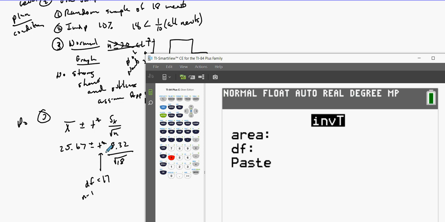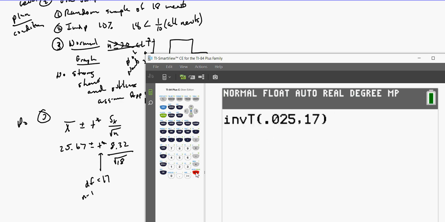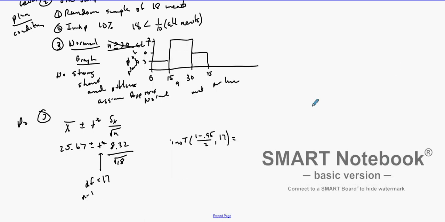It's 0.025, and our degrees of freedom are 17. We figure what that t-value is, and that t-value is 2.11. That is our critical value.